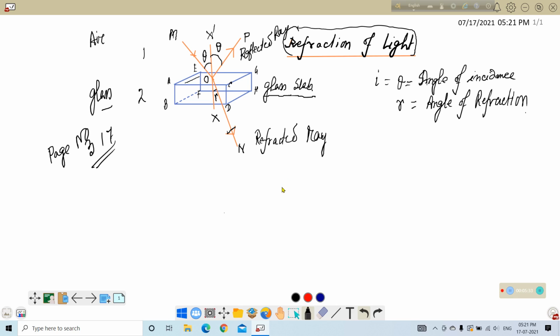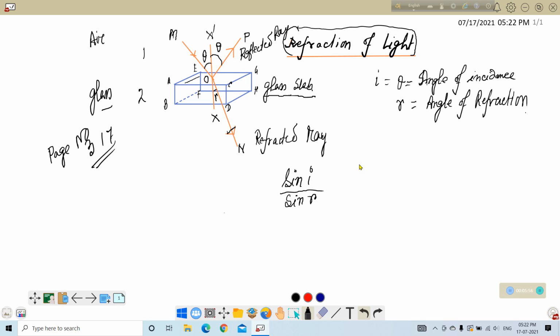And number two, the ratio of the sine of the angle of incidence, sine I, to the sine of the angle of refraction is constant.